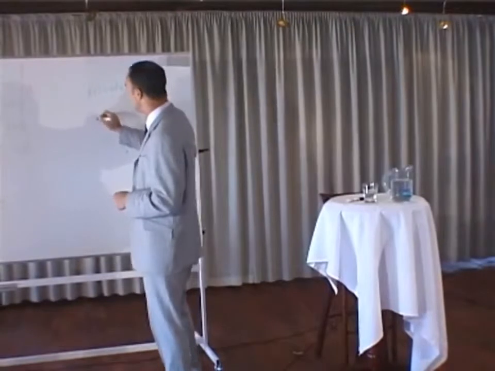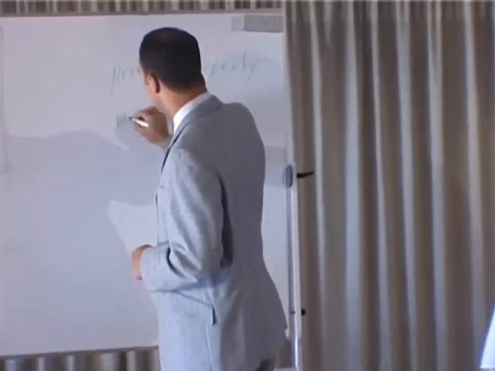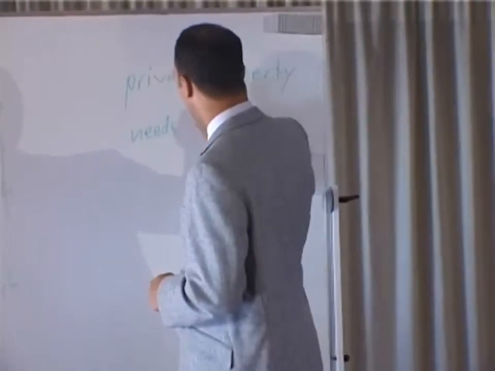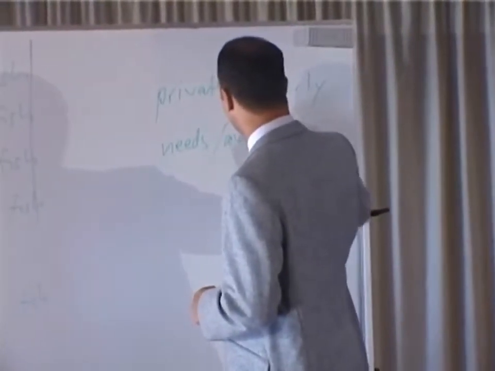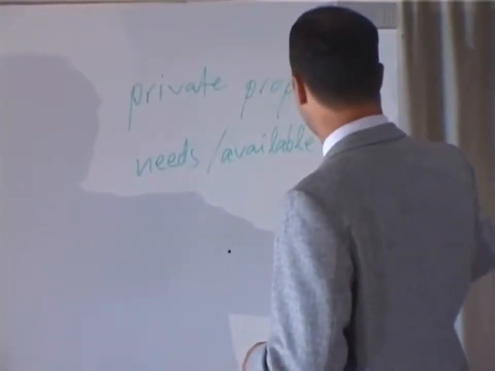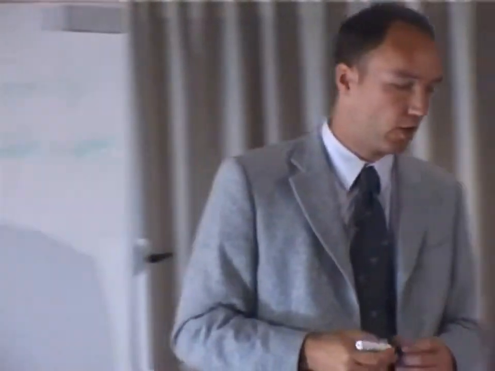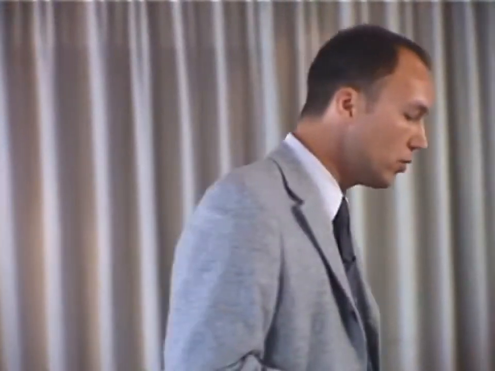So we have here the relationship between needs and available supplies. And in the case of an economic good, there are always more uses or more needs that we can conceive of than the available supply of the good would help us to satisfy.